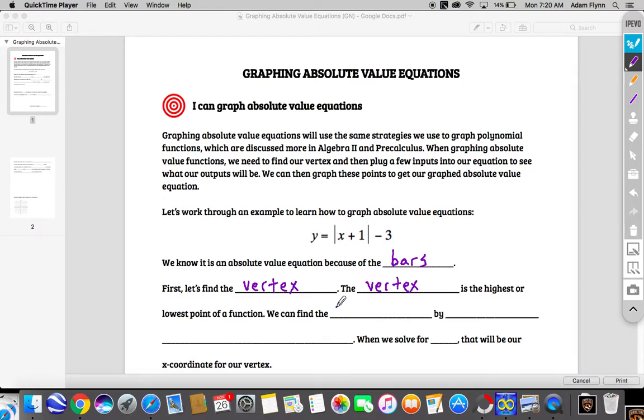We can find the vertex by taking the expression in the bars and setting it equal to 0.